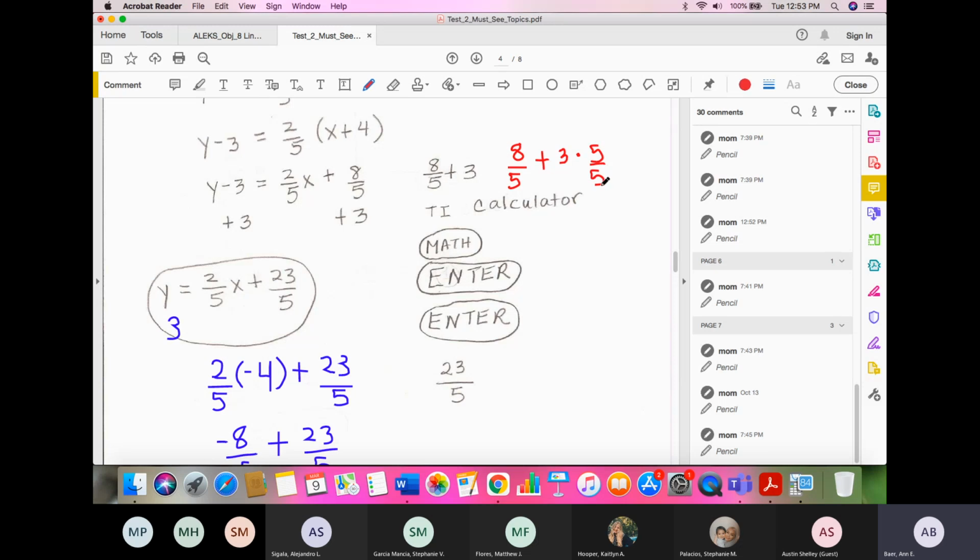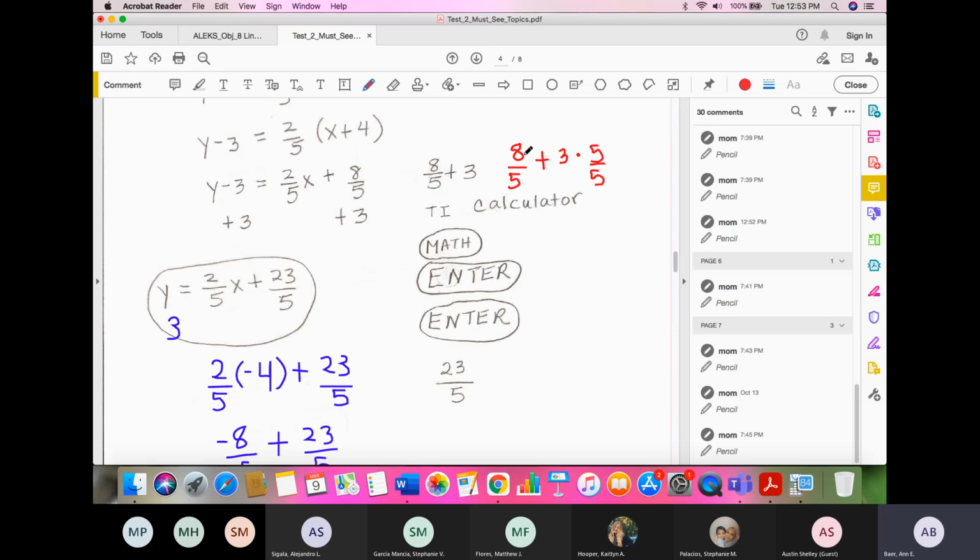So that 5 divided by 5 is 1, times 3 is still 3. We're really not changing this term here. It's still 3 because it's 3 times 1, which is 3. But converting it like this allows us to add.